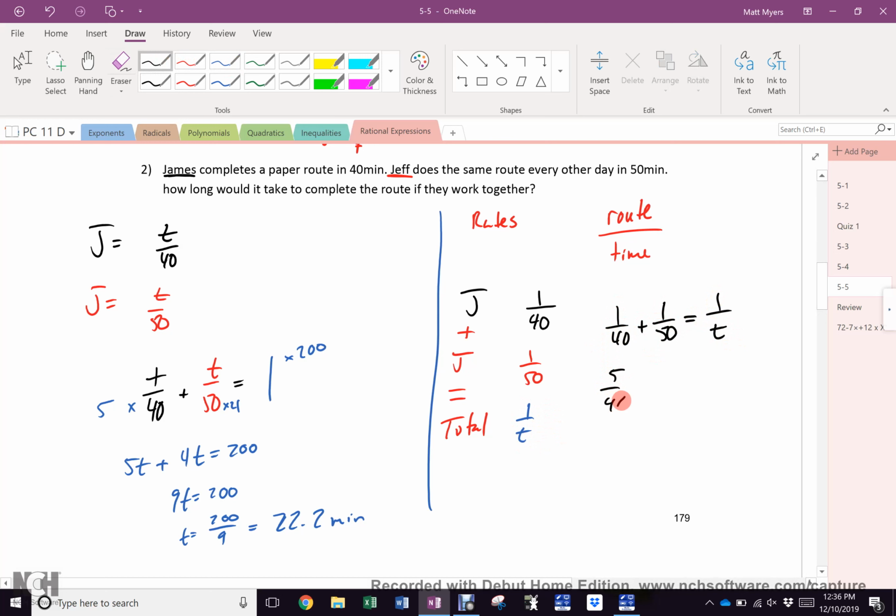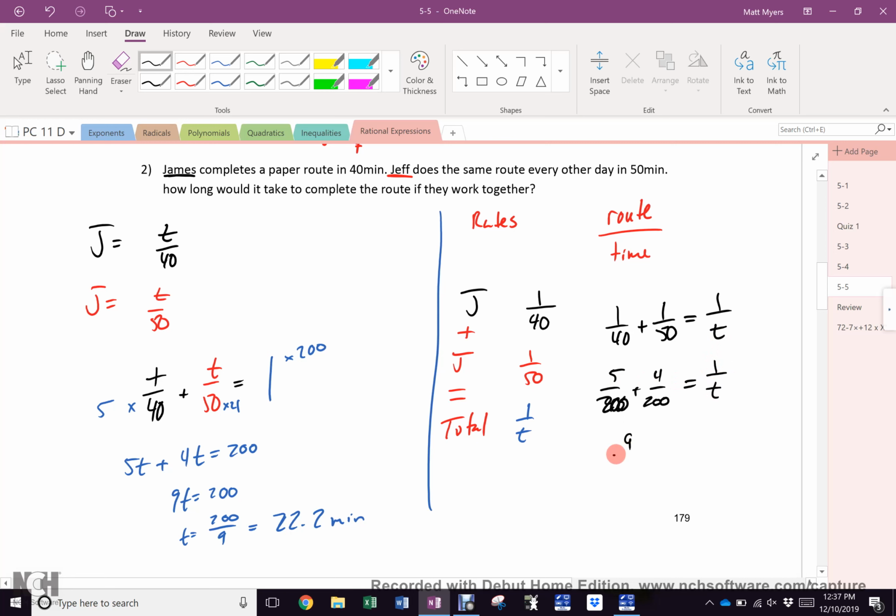5 over 200 plus 4 over 200 equals what? What's going here? 9 over 200? 1 over t, because I don't know t.